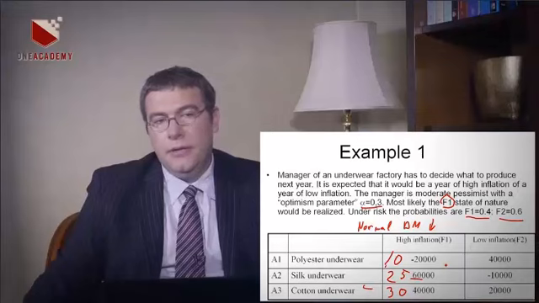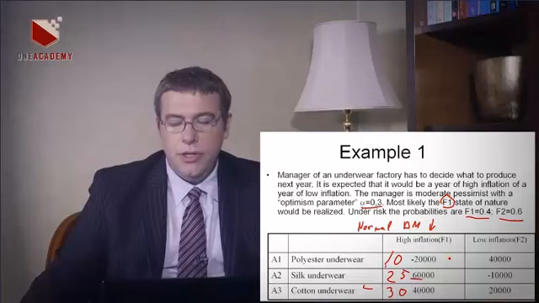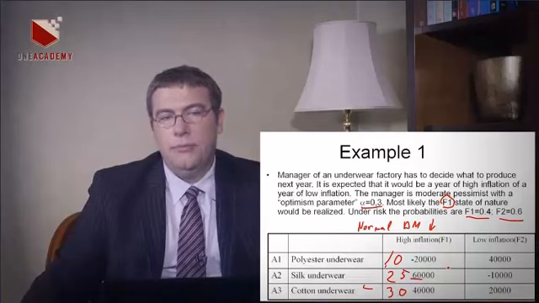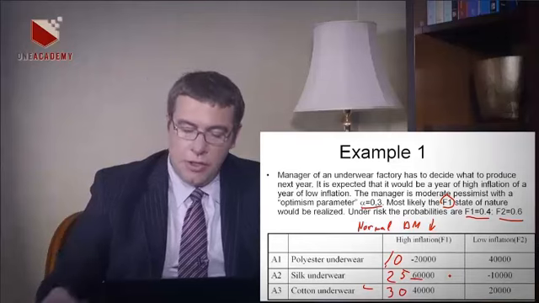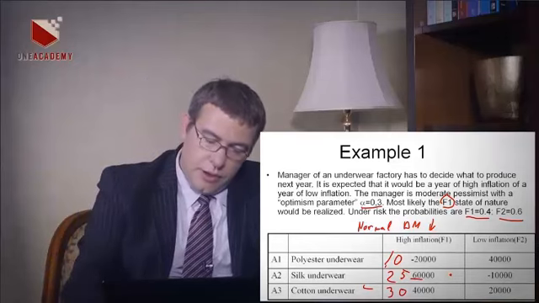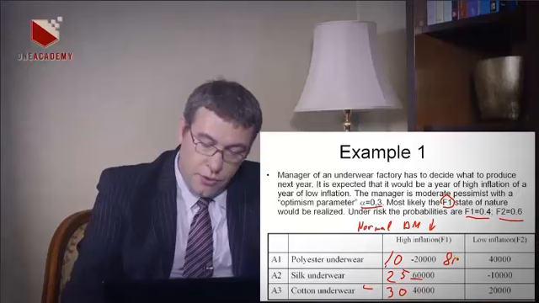And finally, the Savage decision rule: we go column by column, see where the best possible outcome is, and compare all the others to it. So the new decision matrix will have 80 here, 0 here, and 20 here.